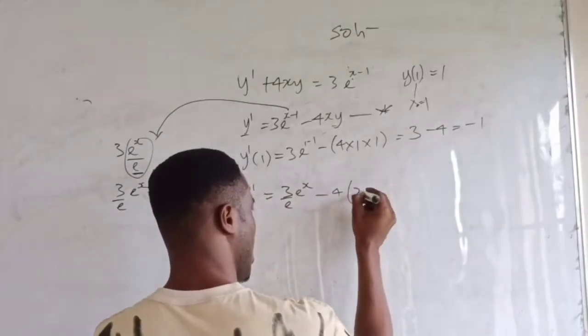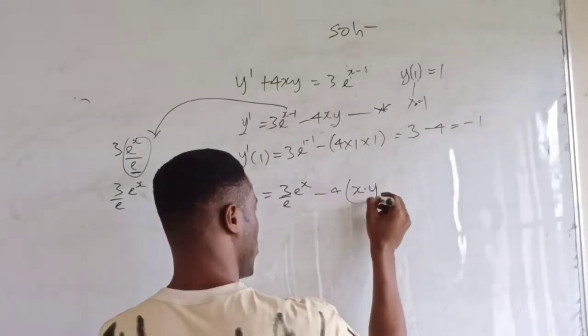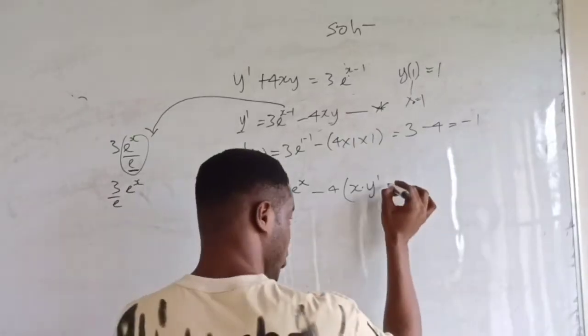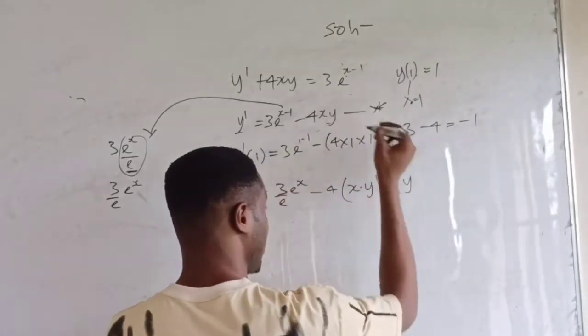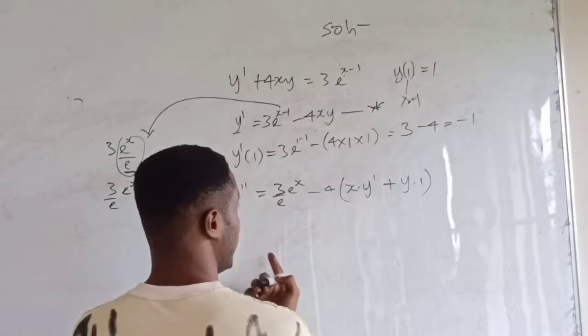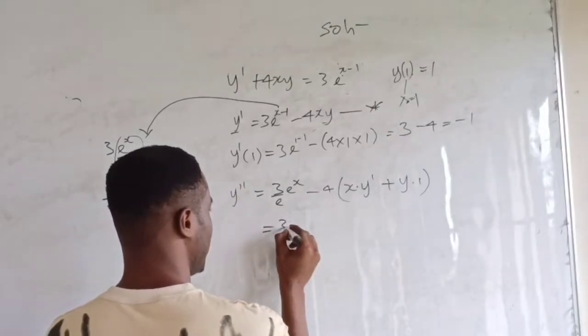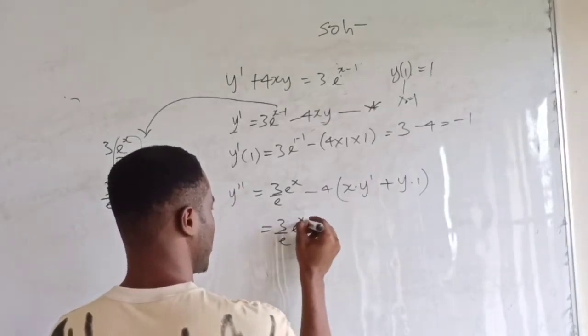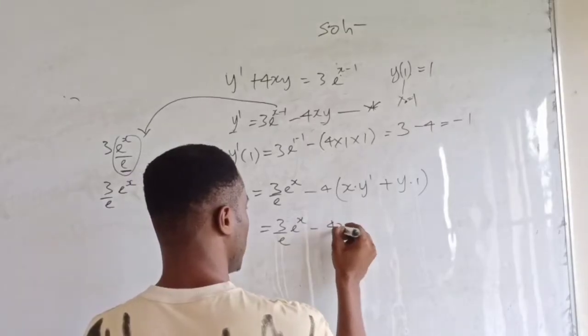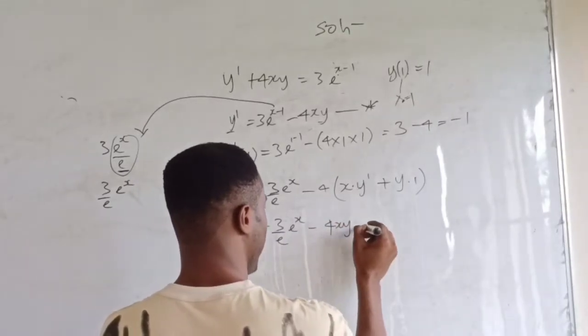Holding x and differentiating y gives us y prime, then holding y and differentiating x gives us 1. By expanding, we have 3 over e exponential of x minus 4xy prime minus 4y.